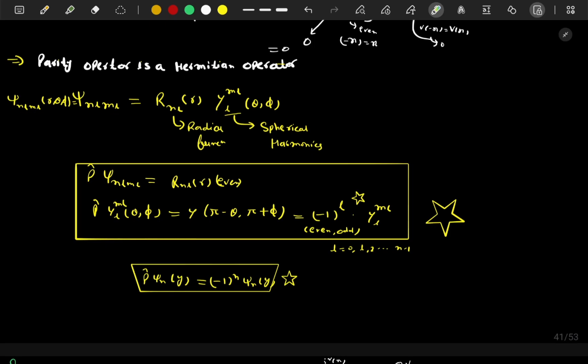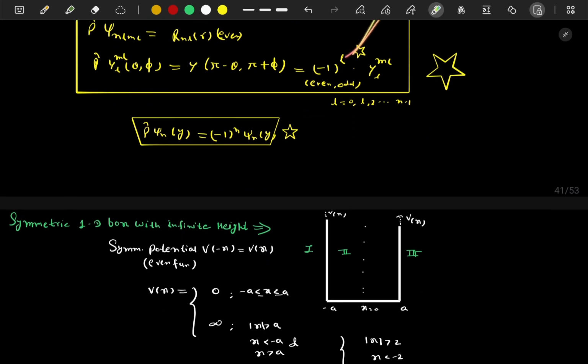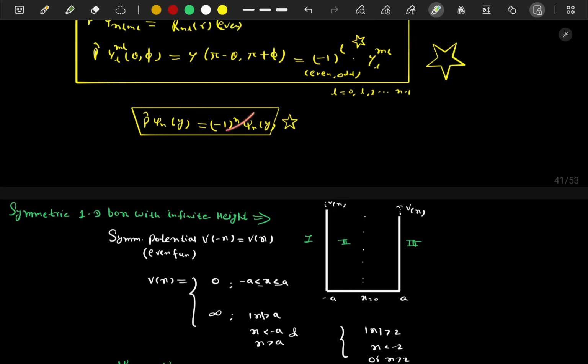So parity applied to psi_nlm on R_nl(r) is even because there is no change in length, but when you apply it to theta and phi, they become pi minus theta and pi plus phi, and the factor is minus 1 raised to the power l. So whenever you apply parity to the hydrogen atom wave function, the radial part will not change, but the spherical harmonic part will, and the parity will be even or odd depending on minus 1 raised to the power l, explicitly depending on l and not on n.